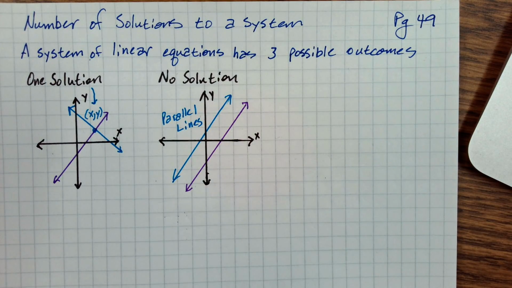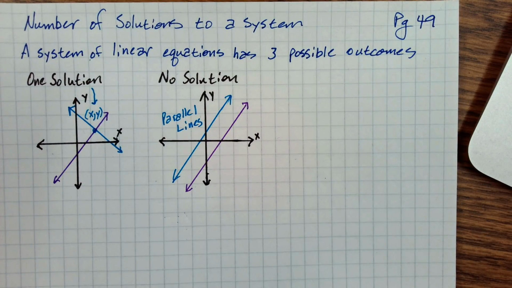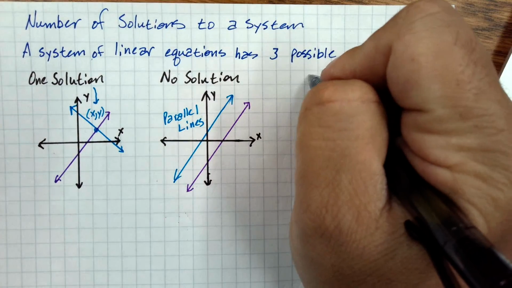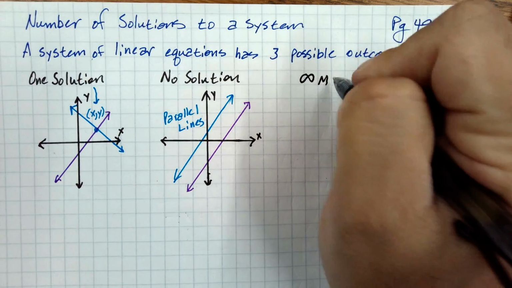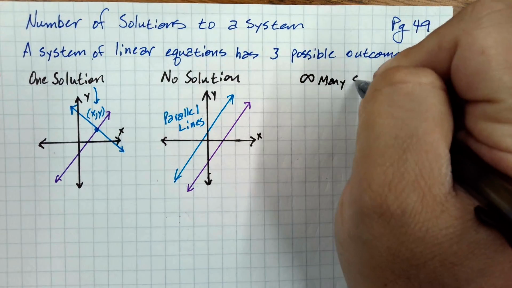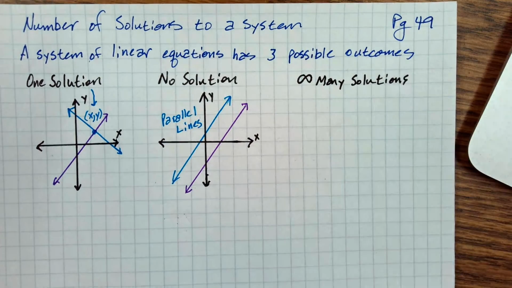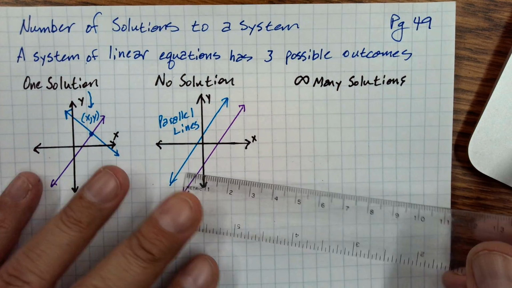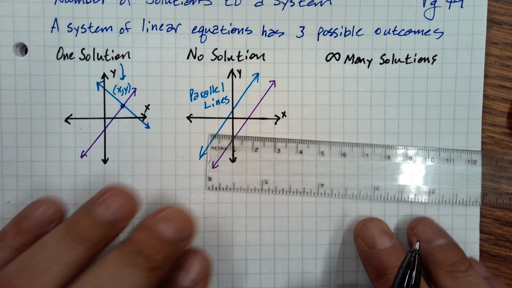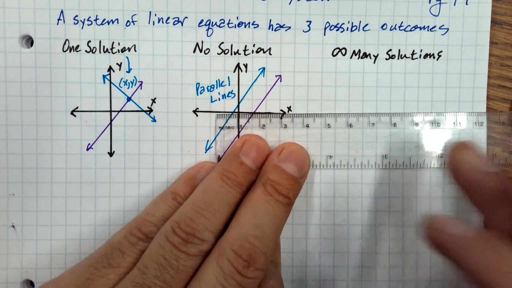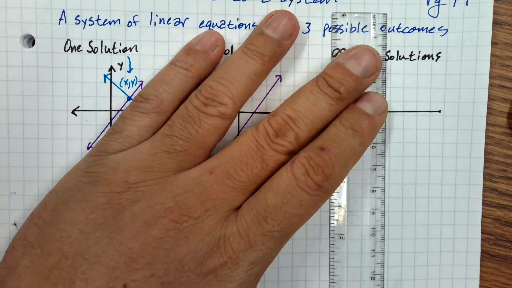Okay. So that's one solution, no solution, and then we can have infinitely many solutions. This particular case is when we have two lines that coincide.